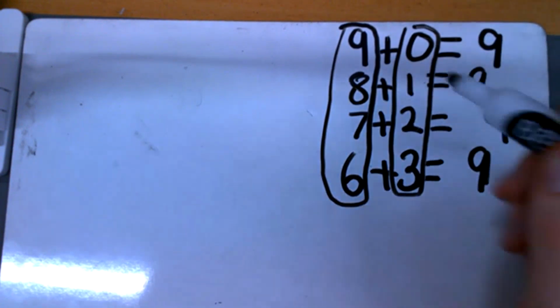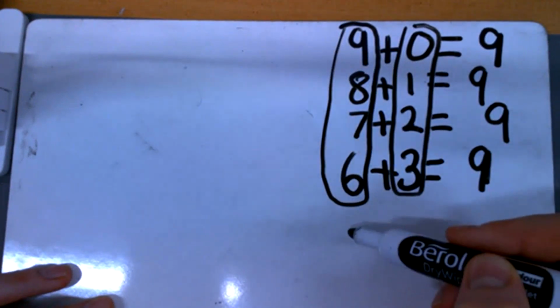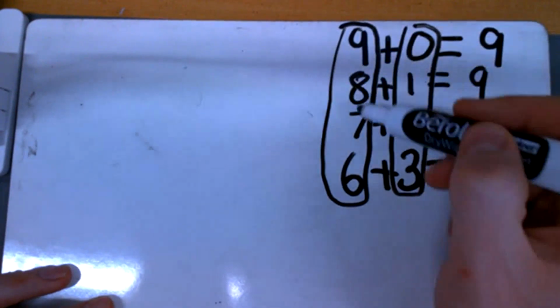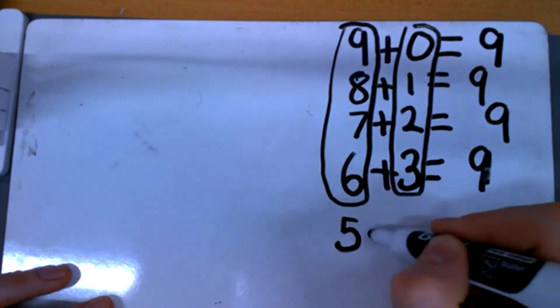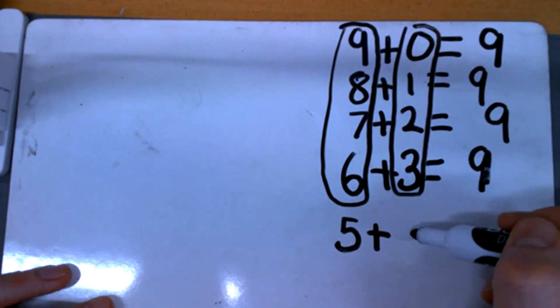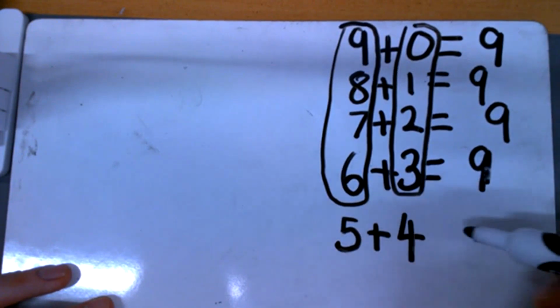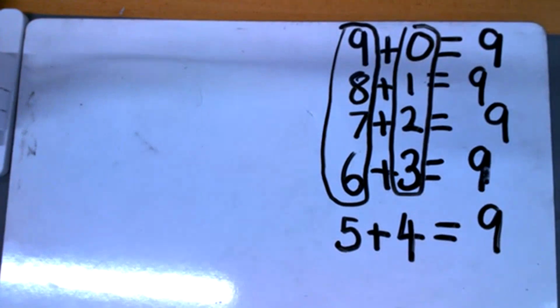So I wonder if I can work this out. So 9, 8, 7, 6. My next number sentence will be 9, 8, 7, 6, 5 plus 0, 1, 2, 3, 4 equals 9. Now we can work that out. We can check that before we move on.